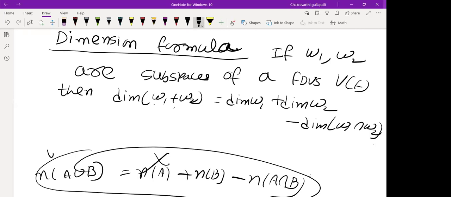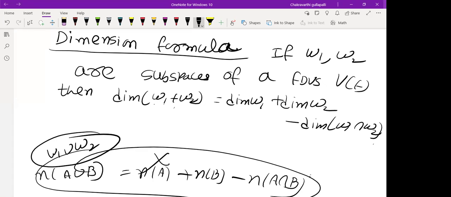W1 union W2 is not a subspace at all, and only if it is a subspace can you talk about dimension. We stated earlier, intersection is always a subspace, sum is always a subspace, but union need not be a subspace. So when it is not a subspace, how can you write dimension of W1 union W2? No meaning.